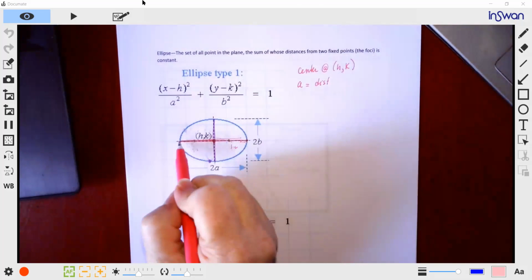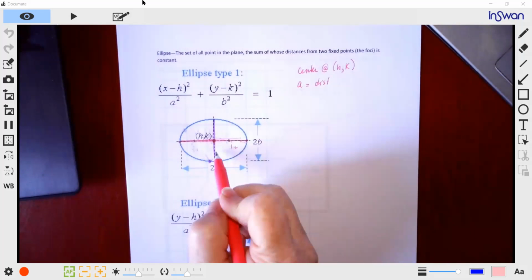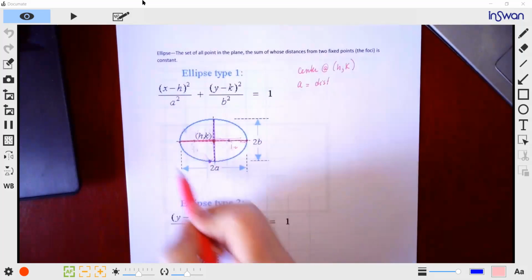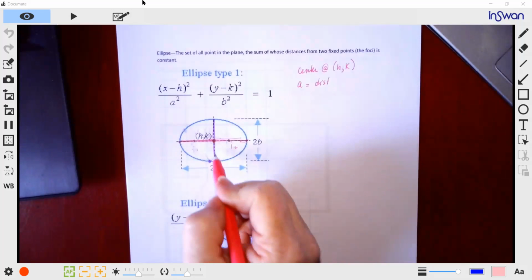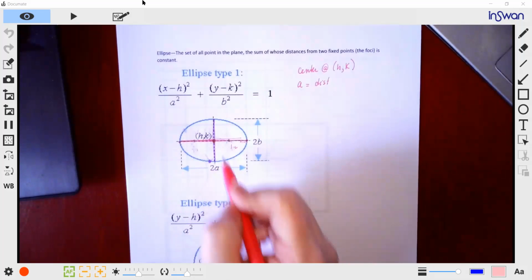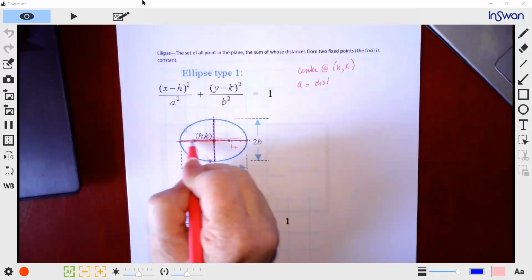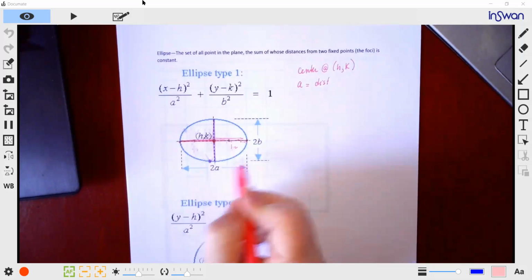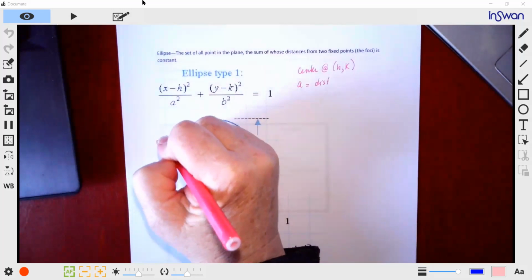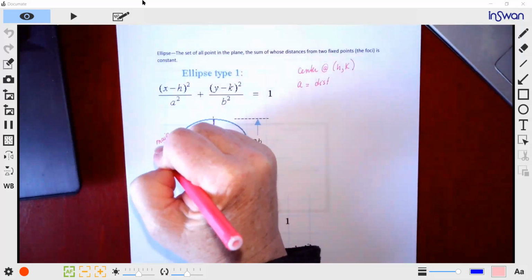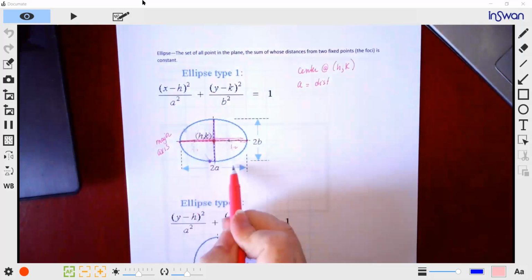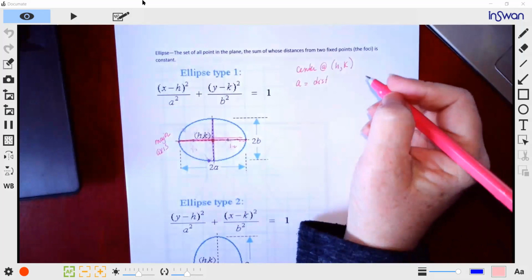This one is going to be longer in this case than this one, because remember, it's an elongated circle, so we don't have a radius, so to speak. The longer one is what we call the major axis, and its length is always going to be 2a.